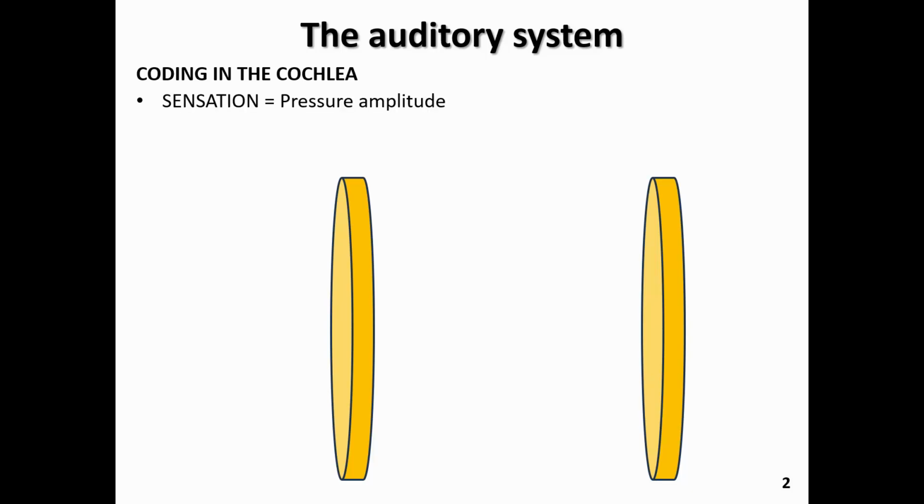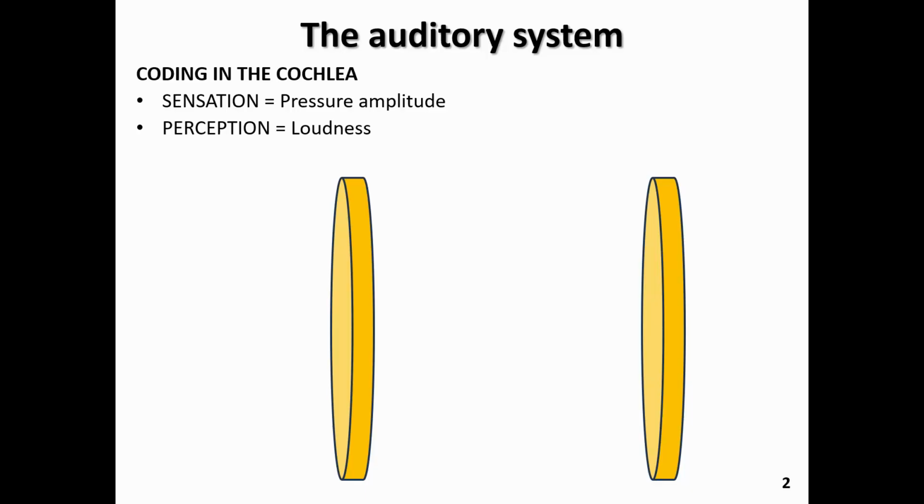Coding is a term that is used to indicate how the bioelectrical signals are related to the different characteristics of the pressure waves. So when we think about the sensation that arises from those pressure waves and the amplitude of those waves that will eventually be conveyed inside the ear, something like pressure amplitude is a sensation detected inside the ear.